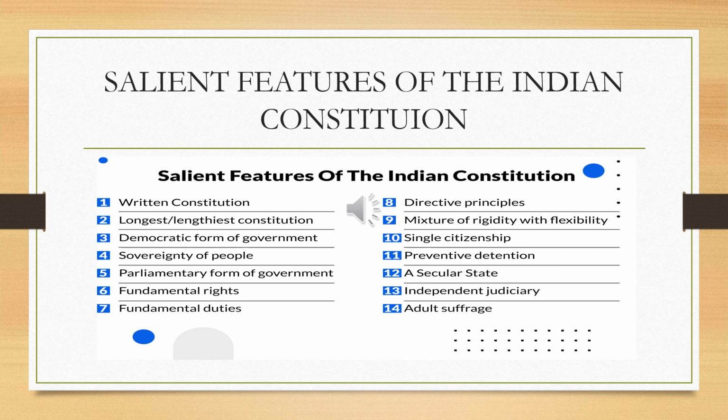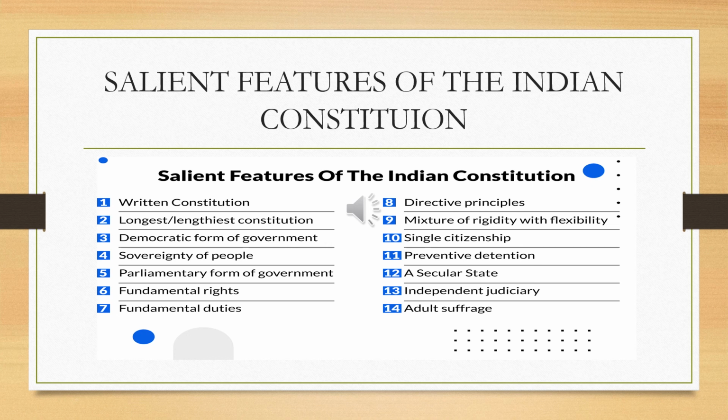Next one, independence of judiciary. Here the judiciary is totally free from executive and legislative interference, so that they can give the verdict in an impartial manner.